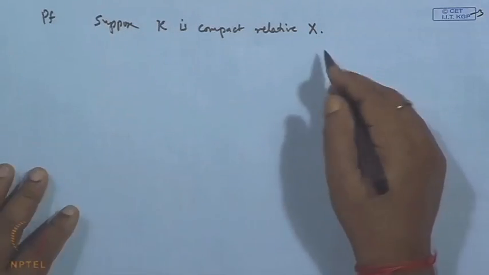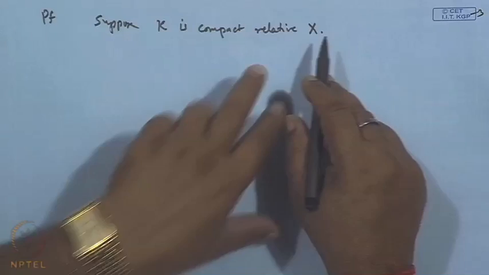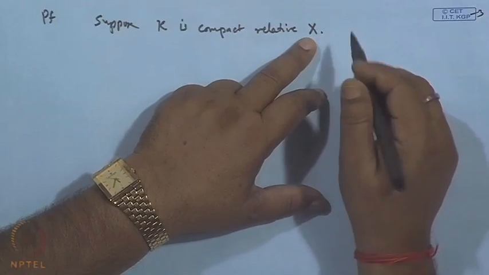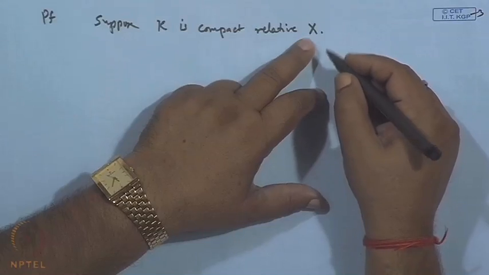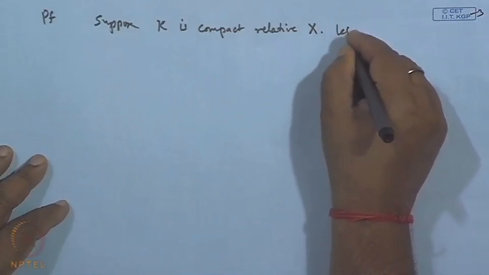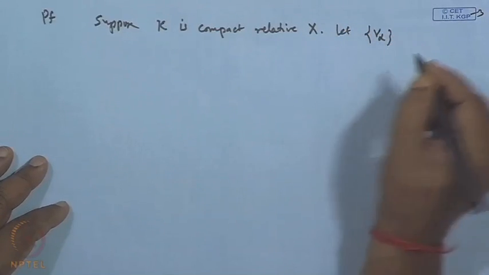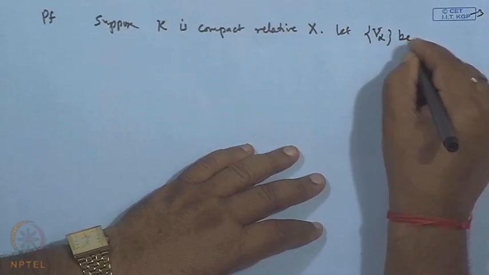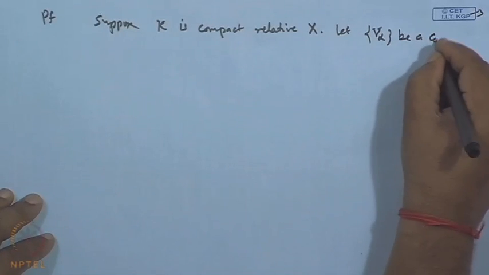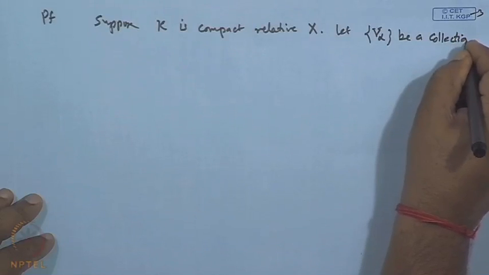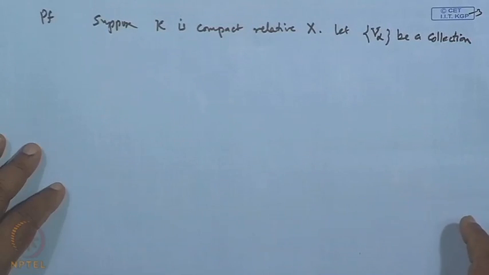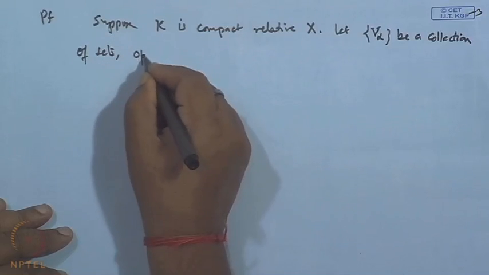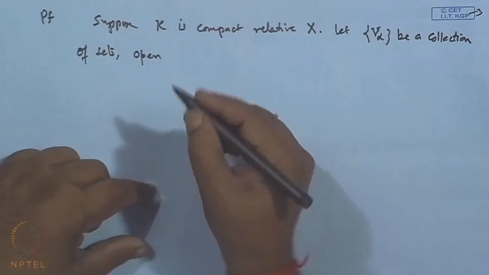This is known. We want to show K is compact relative to Y. So, let us consider an open cover of K relative to Y. So, let V alpha be a collection of sets open relative to Y.